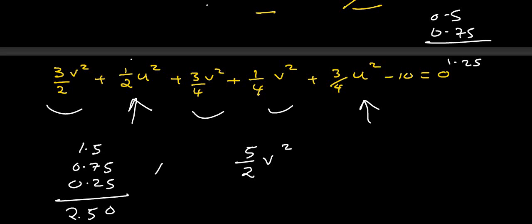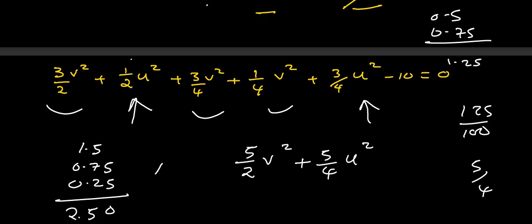This is going to be a plus 1.25, in fraction form the same as 125 over 100. 25 goes into 125 five times, 25 goes into 100 four times, so that's going to be 5 over 4 u squared. The constant is only a 10. I take it on the other side to be positive 10.